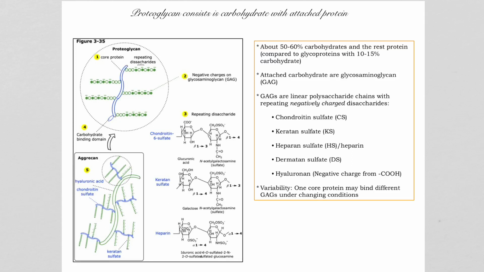Also note that these are carbohydrates, so you can have all kinds of shapes because they can be attached in many different ways: beta 1,3, beta 1,4, alpha 1,4, and so on. So not only do they have negative charges, but they have a variety of shapes.